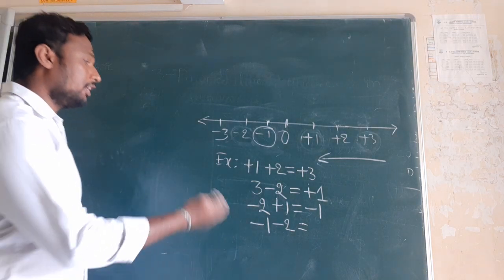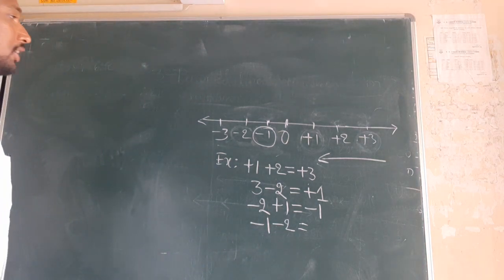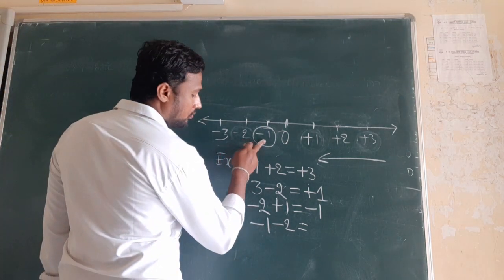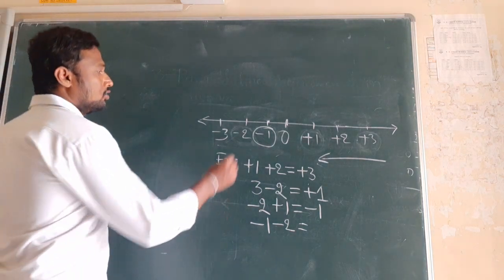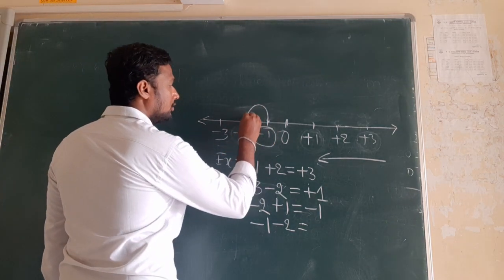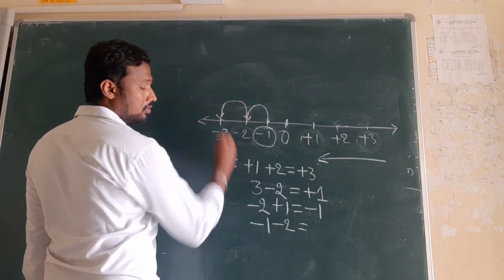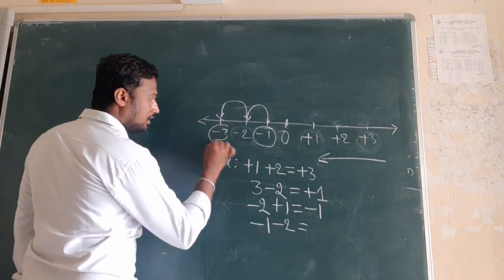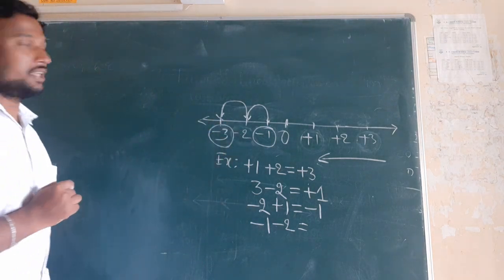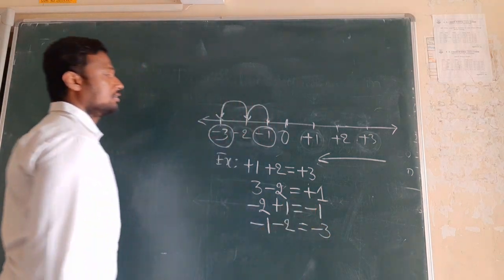How many times? 2 times you have to move. So here from -1 I will start moving towards left direction because we are subtracting here. First step I will move here. This is our first step. Again I will move a second time because we are subtracting 2 here. So what answer did we get? -3. So I will write -3 is the answer.